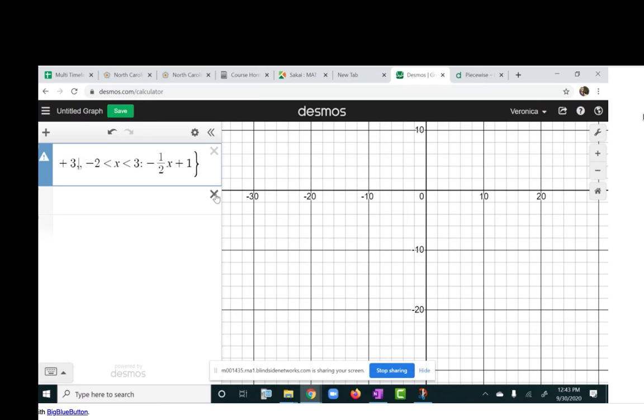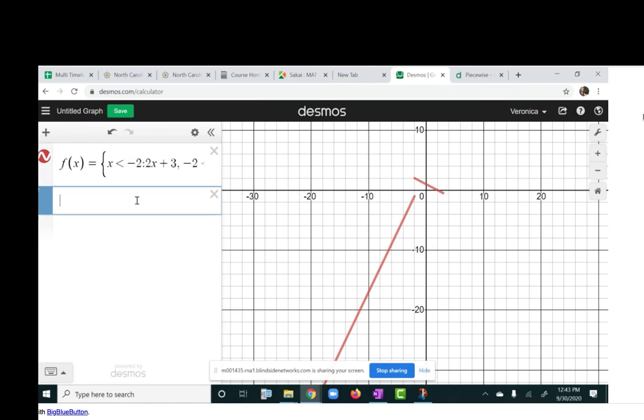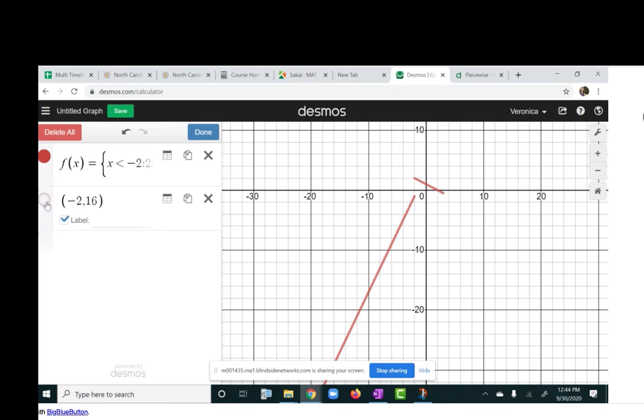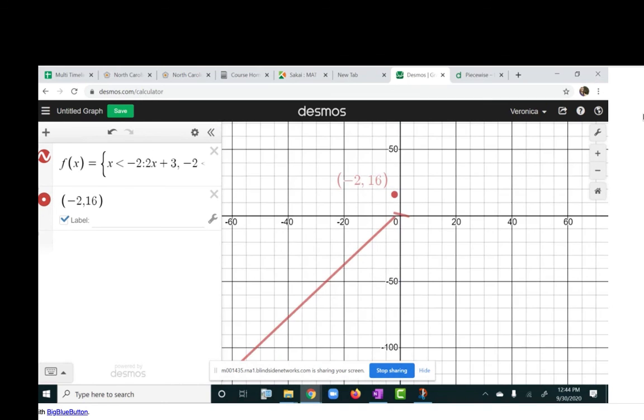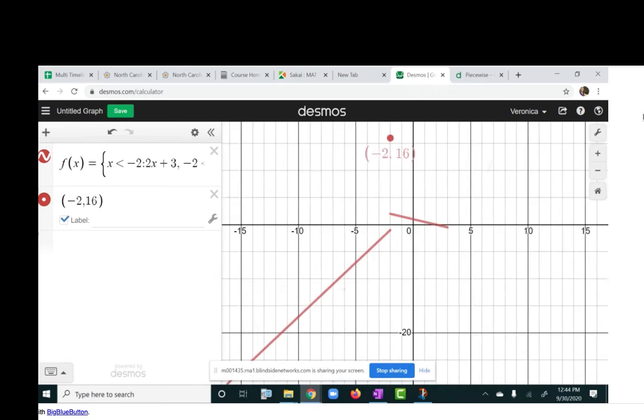Take that out, and I'm just going to put in a point. That point is -2, comma 16, and I'm going to label it and change it to this red color. Okay, there we go. So now there's my function.